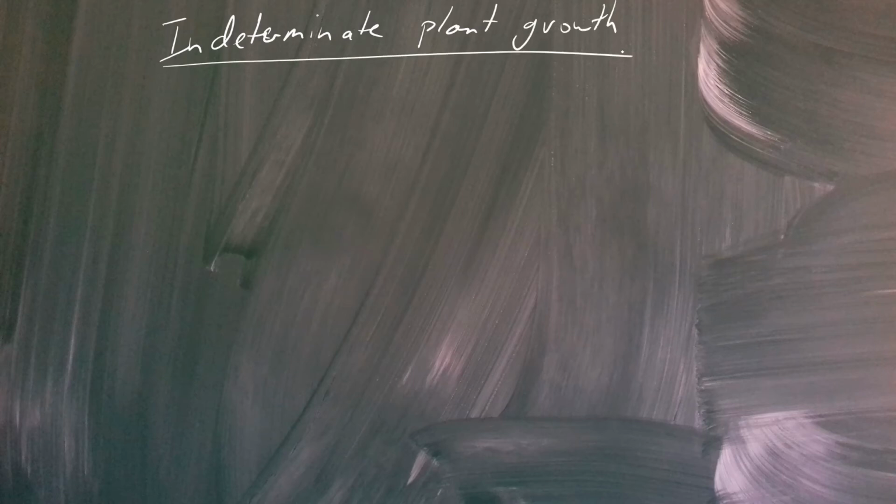Indeterminate means that there is no maximum size. There is no built-in, well, built-in might not be a correct way of saying it. Theoretically no maximum, no limit to plant growth. You're going to say that's not correct, trees only reach a certain height.